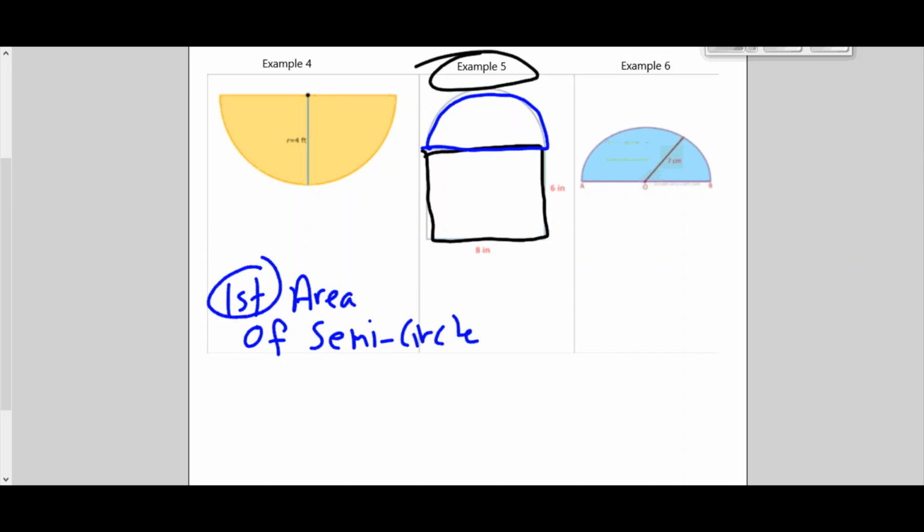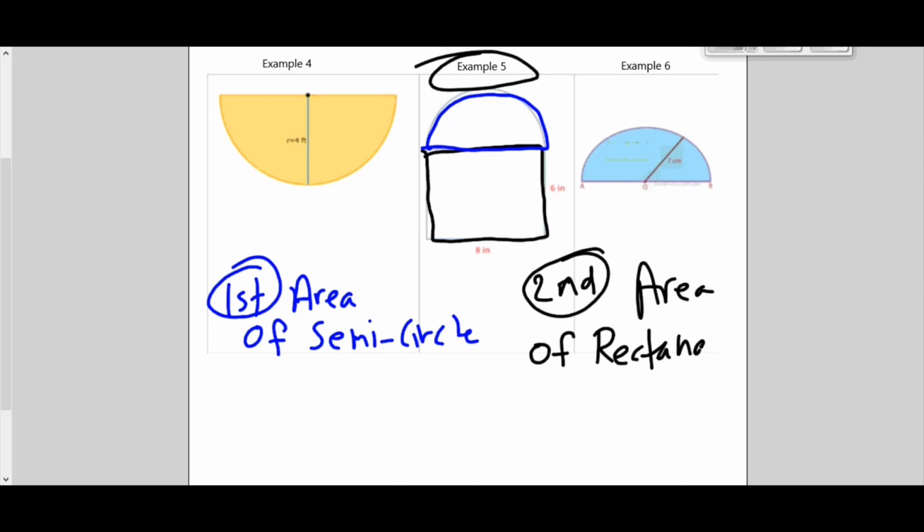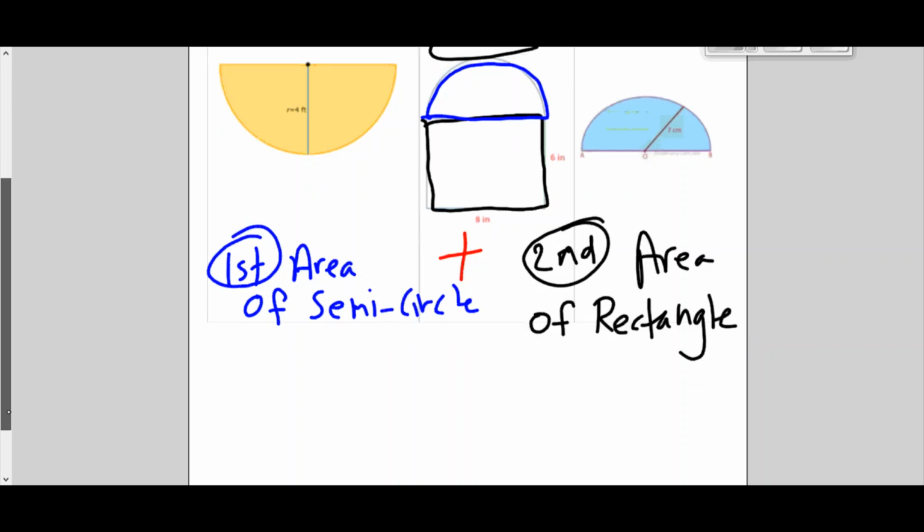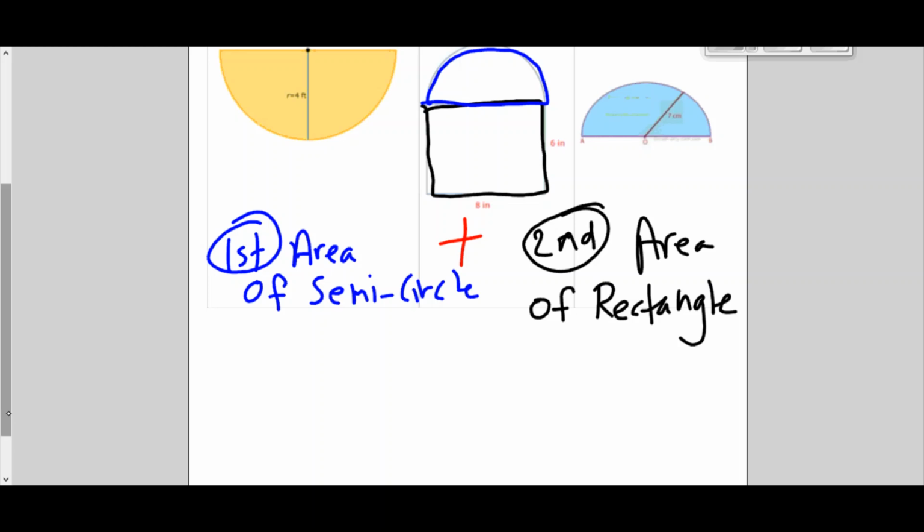So I'm first finding the area of a semicircle, then second, I'm going to find the area of the rectangle. And then I'm going to add those 2 areas together. So at the very end, I'll add those 2 areas up.